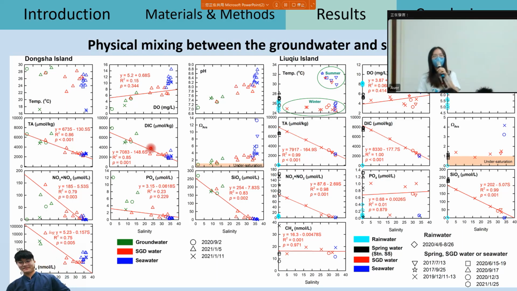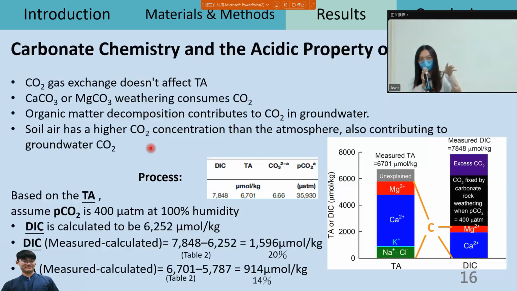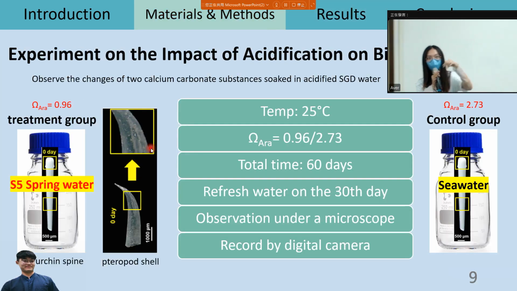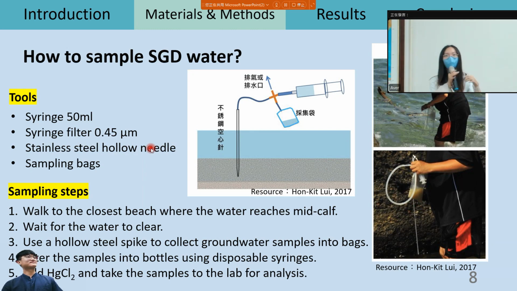So you collect the sample to collect the SGD, right? And how do you know that the place under the sand has SGD?